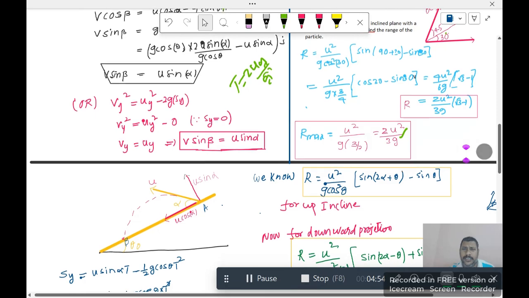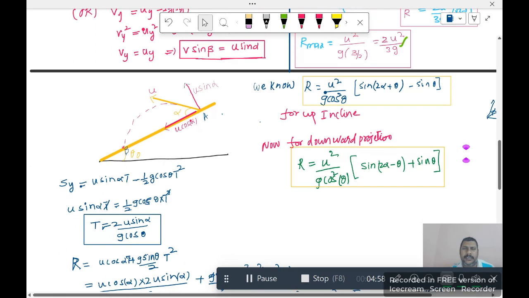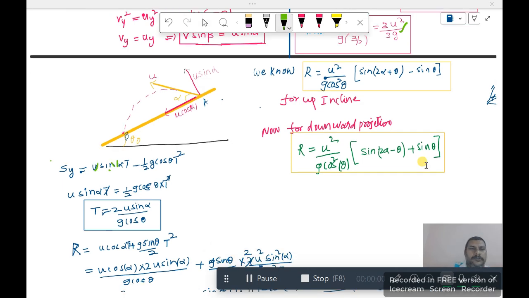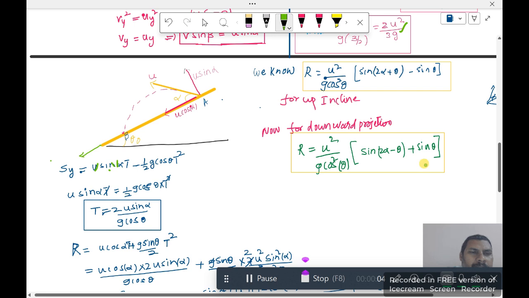Next we will see the downward projection. Here you can see we resolve the components into two. This is acceleration g. This is theta, then this is also theta, so this is 90 minus theta, and again this is theta.